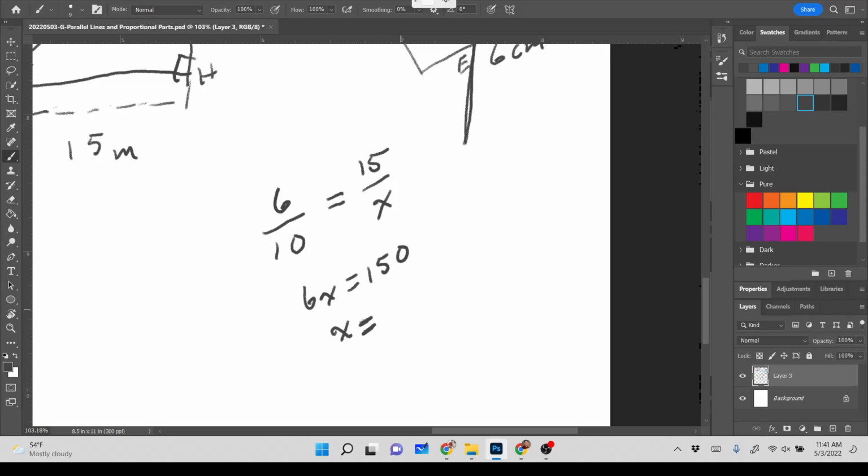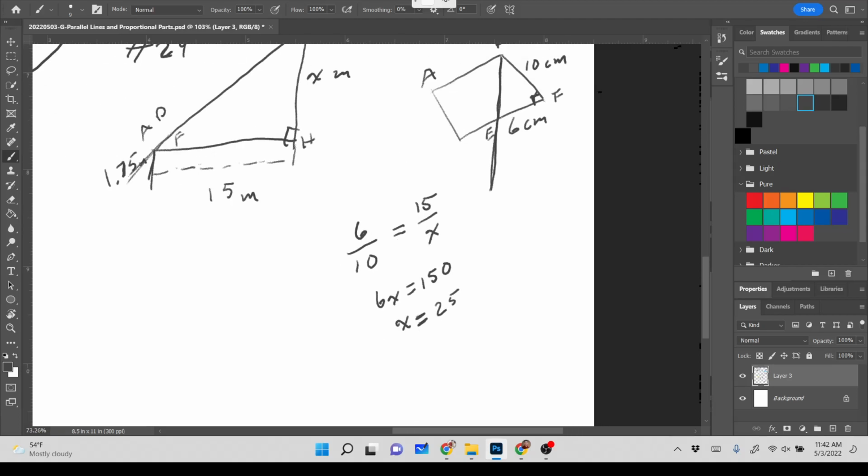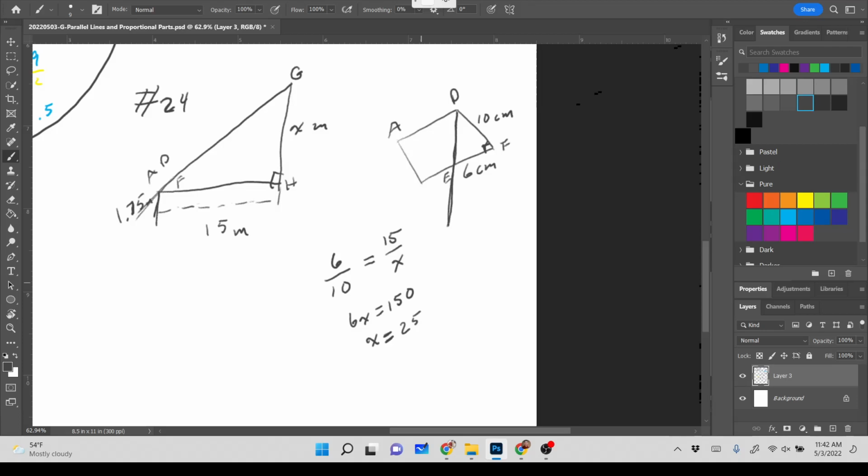Oh, I know what the problem is. Maybe. We're about to find out in a second. You said 25? That sounds probably correct. And then if we added 1.75 to that, we'd end up with the tree is whatever that is, 26.75 meters tall.